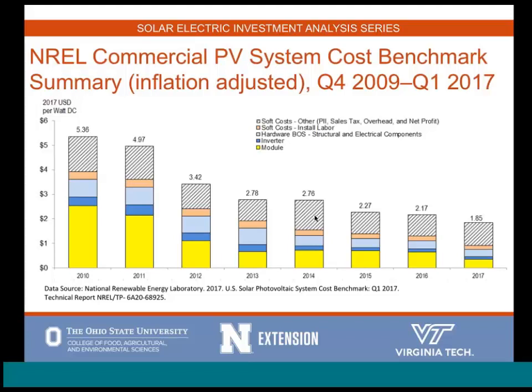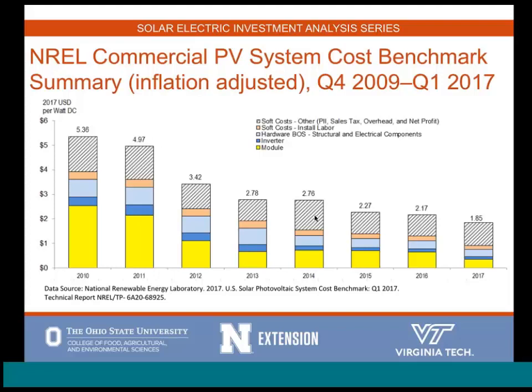One of the reasons that we're seeing those capacity additions is related to cost. This is a chart from a 2017 report from the National Renewable Energy Laboratory looking at PV solar cost benchmarks. It's really staggering when you think about where we've come in the last 5 to 10 years.